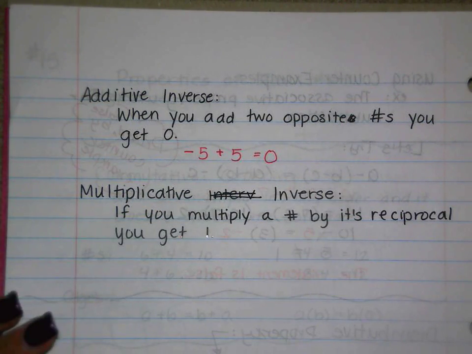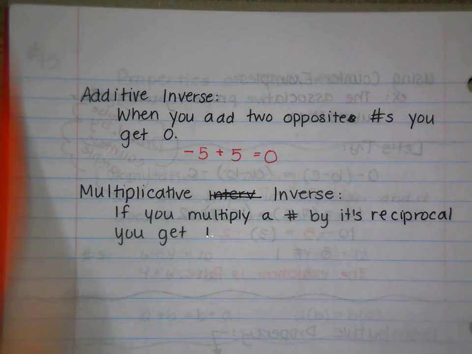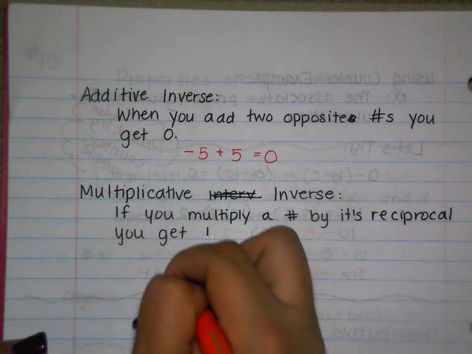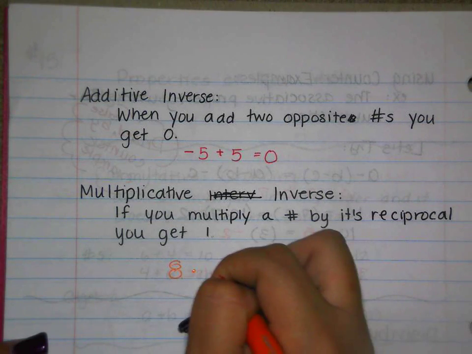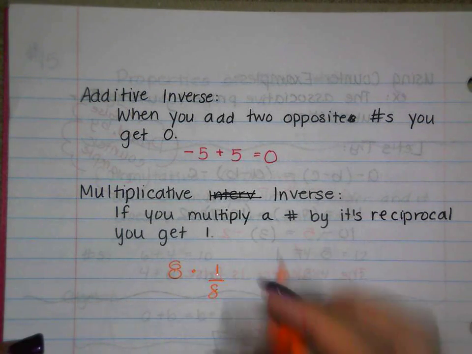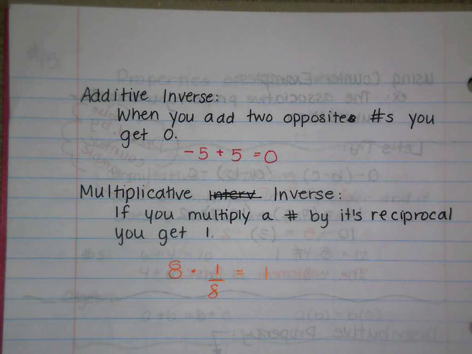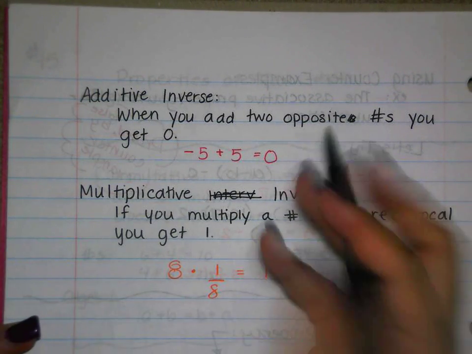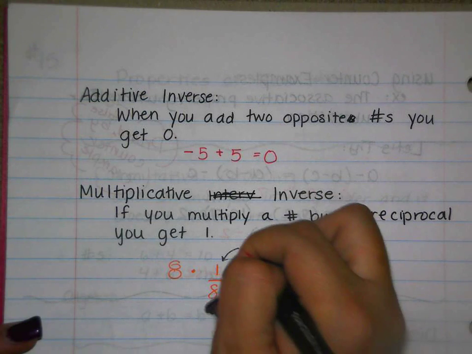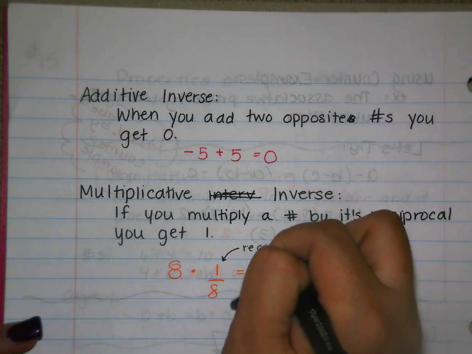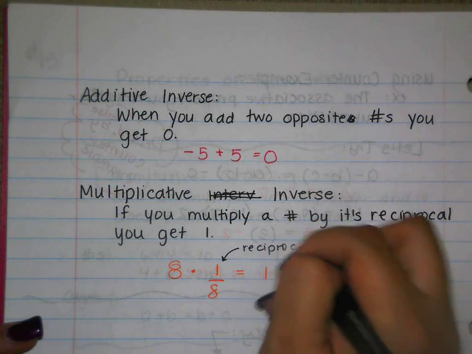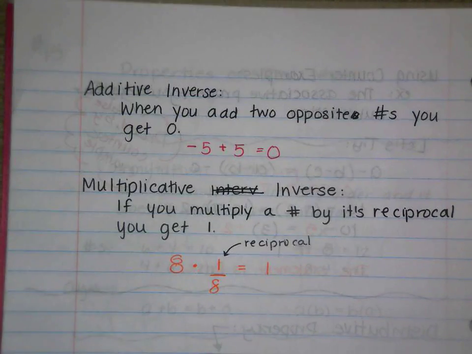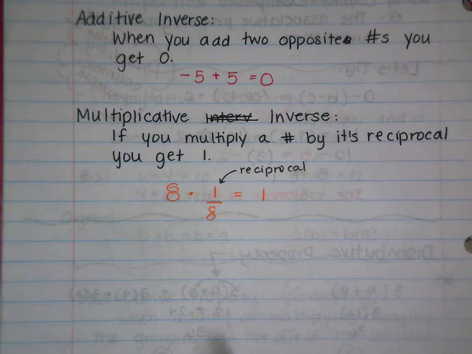I'll show you the example and you're going to be like, oh, I already knew that one too. You have 8, which is the number, times 1 over 8, which is the reciprocal, and that's going to equal 1. So the reciprocal becomes that number under 1. And 8 times 1 over 8 is 1. Obviously, we just cross cancel, that becomes just 1. You probably already knew that. Now you know that it's called the multiplicative inverse.